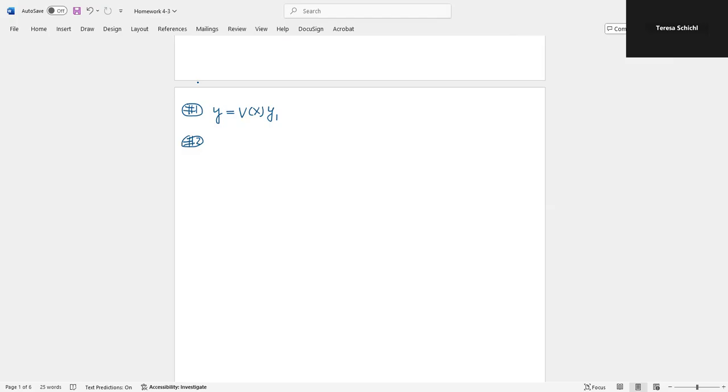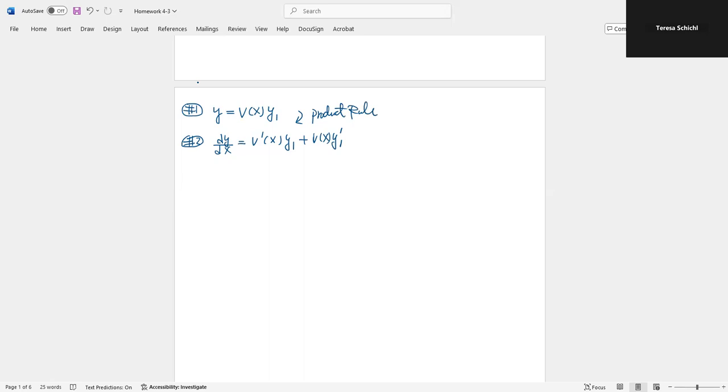The second step is to take the derivative with respect to x. So dy/dx, and you use the product rule: v prime of x times y1, plus v of x times y1 prime. Okay, here is the product rule.